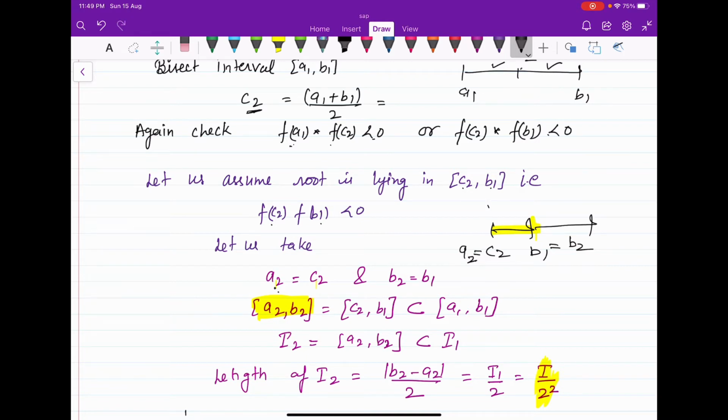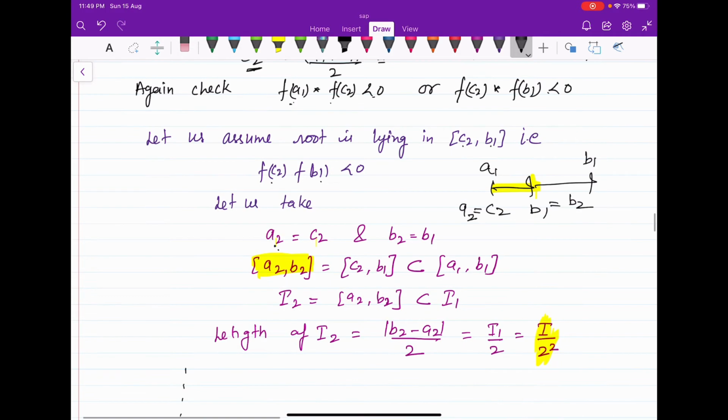Before it was A1 B1. So it is contained inside the interval I1, and the length of the interval I2 will be (B2 minus A2) upon 2.